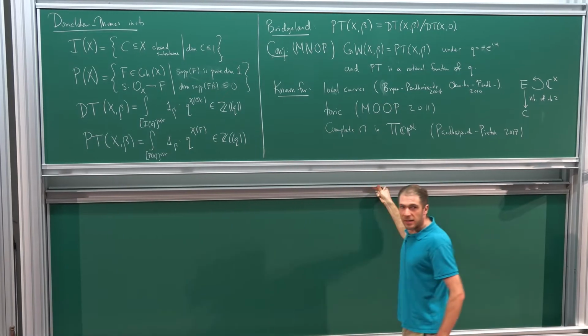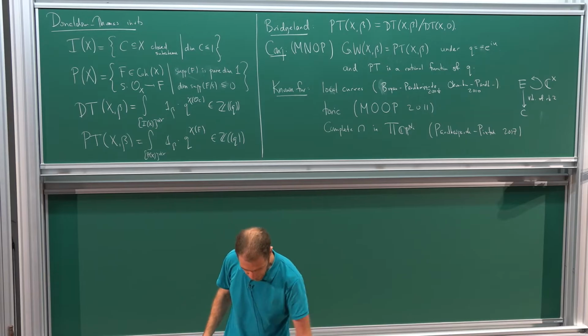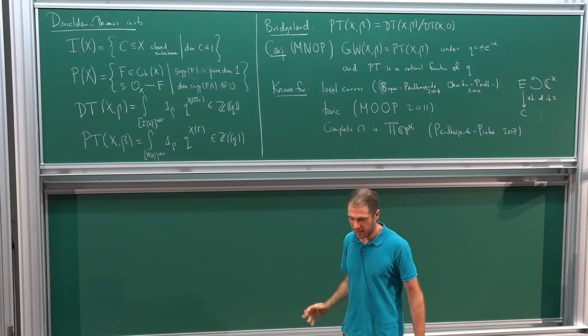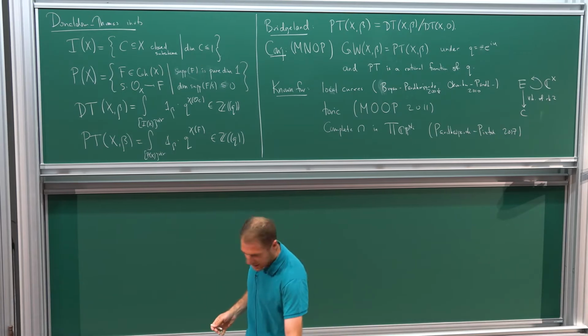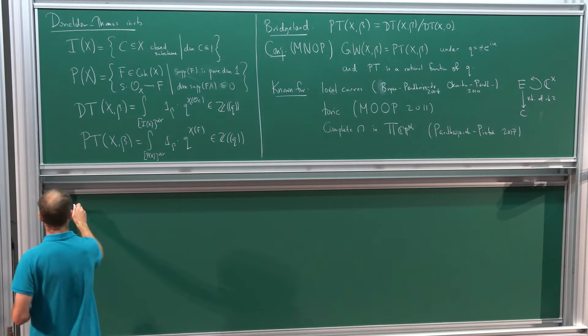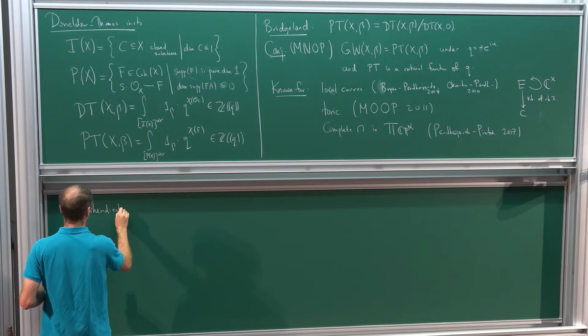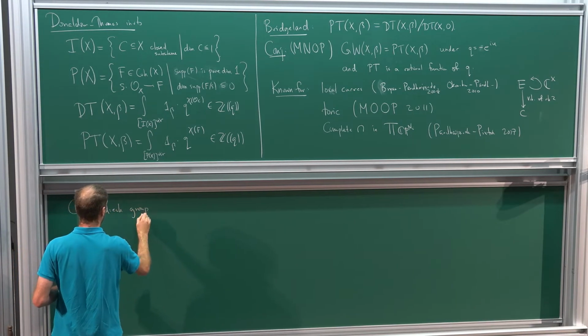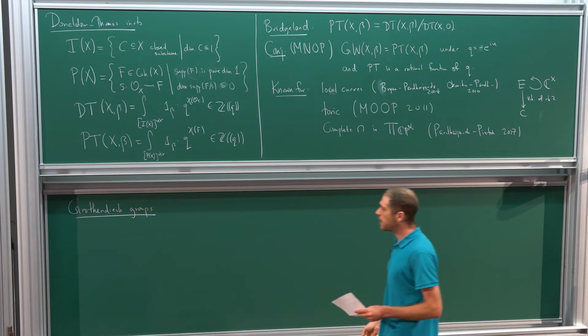Okay, so now we're going to start a new topic, and I want to talk about another framework for discussing curve counts. It's based on what I want to call a Grothendieck group of one cycles in complex threefolds.